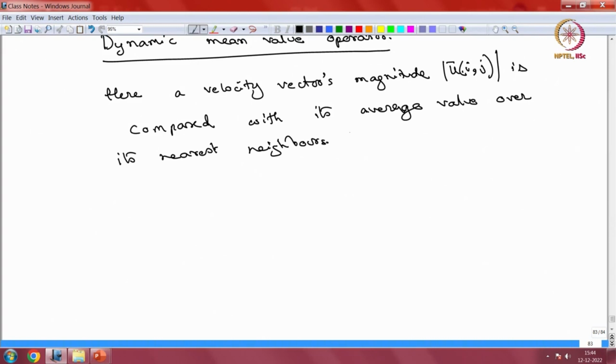And usually what you can do is implement, let's say, a 3x3 grid around the velocity vector. So usually a 3x3 grid with 8 nearest neighbors is used.